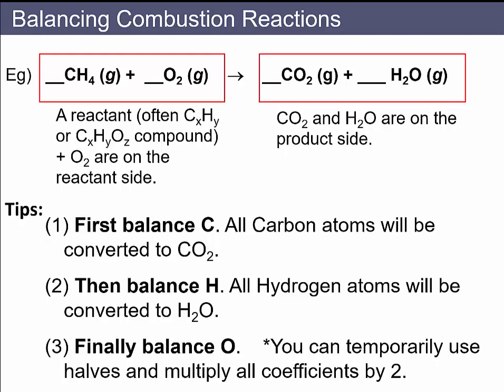So first, balance those carbons. They're only going to show up in the 2 spots, in our hydrocarbon, and then over here in our carbon dioxide. Hydrogen shows up in 2 places, oxygen shows up in 2 places, or hydrogen shows up in 1 place, oxygen shows up in 2. So do the carbon, then do the hydrogens. Then balance the O2s. Use halves and multiply all coefficients by 2 when you're done doing it.